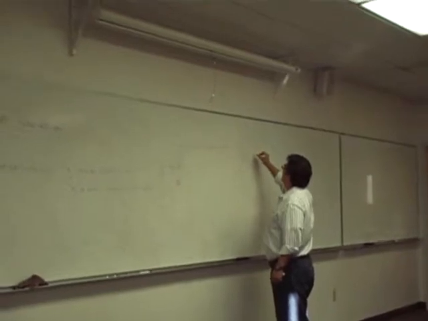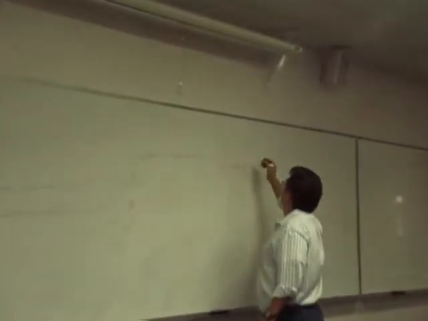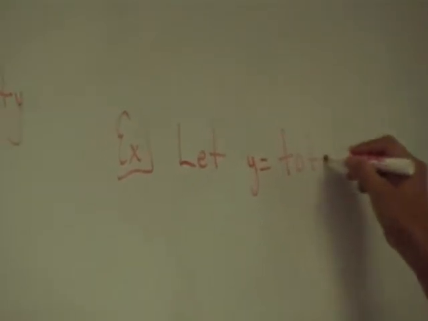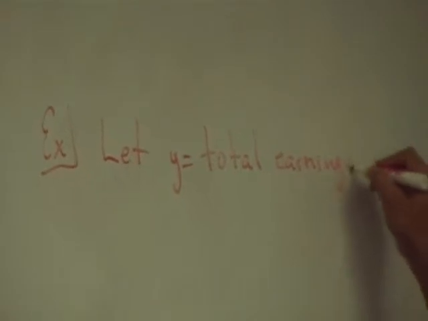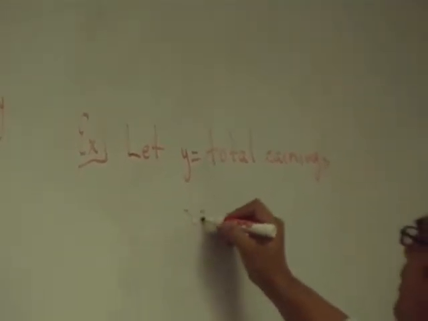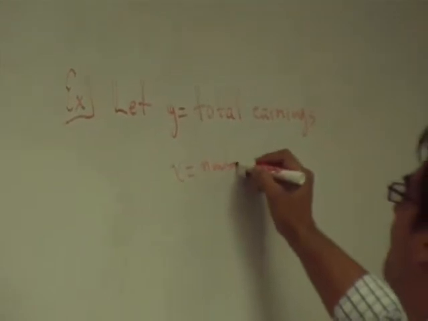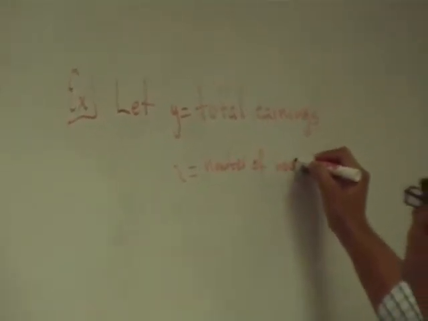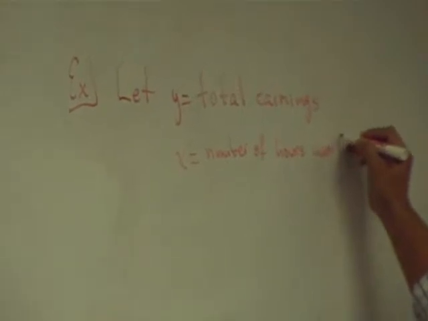If we let y be the total earnings of a person, and x represent the number of hours worked, we would say that y varies directly as x. That is to say, the more hours you work, what happens to your total earnings? They go up, but if you work fewer hours, your earnings go down.